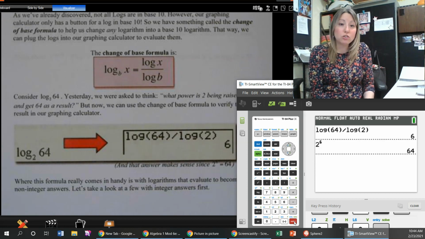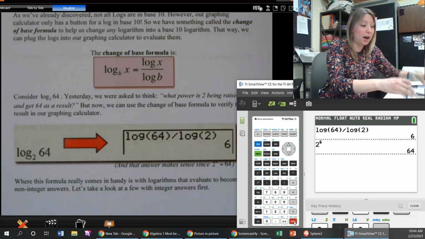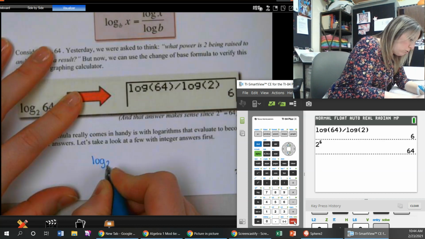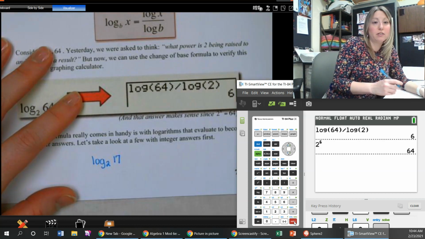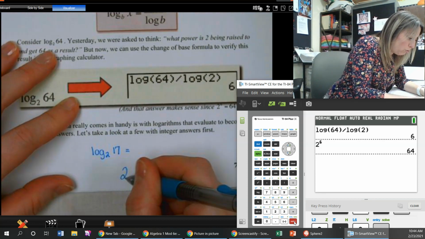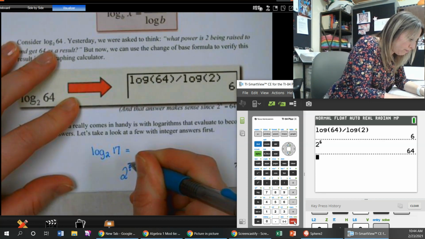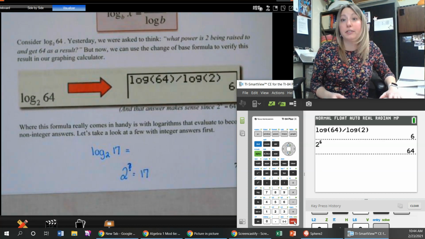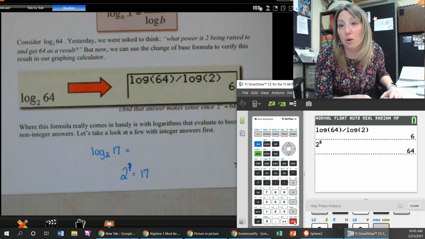Now, I just used the example when I said it out loud: what if we had log base 2 of 17? Off the top of my head, I certainly do not know 2 to the what power equals 17, because it's not an integer and it's not a 1/2.